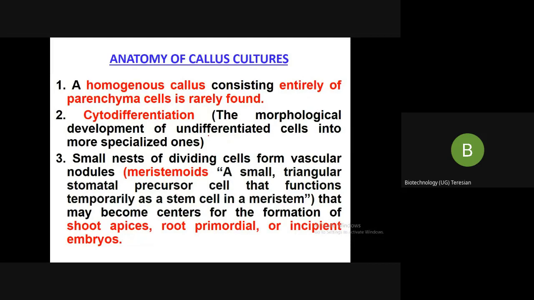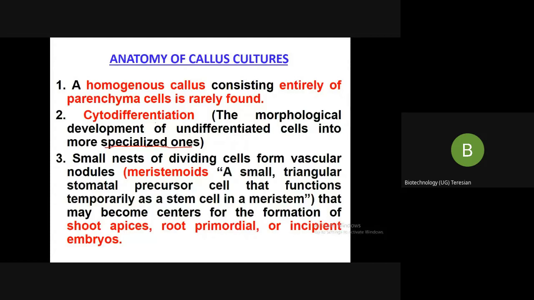So what is undifferentiated here? It is our callus. We said it is an undifferentiated mass of tissue. But this undifferentiated mass of tissue should undergo certain changes so that it can grow into specialized cells. That is our goal or aim.